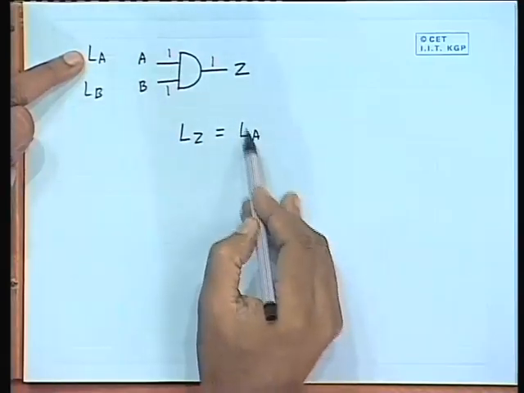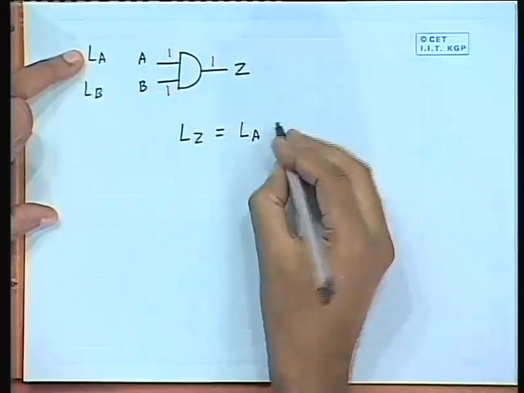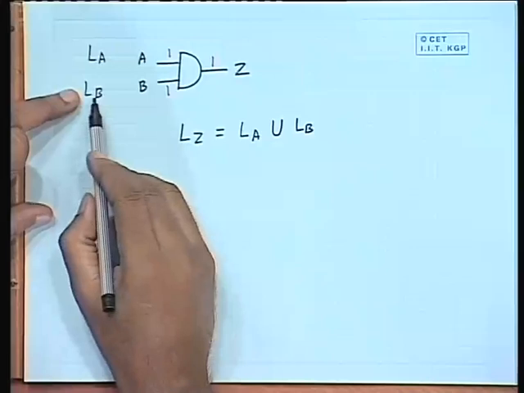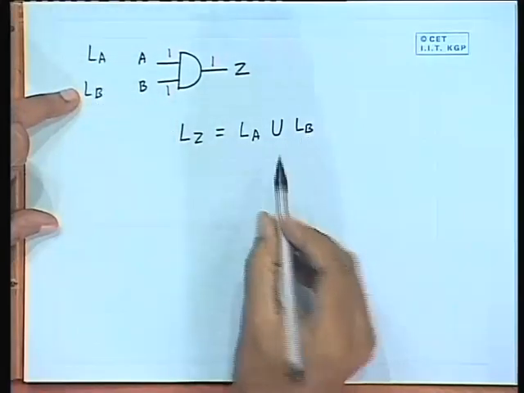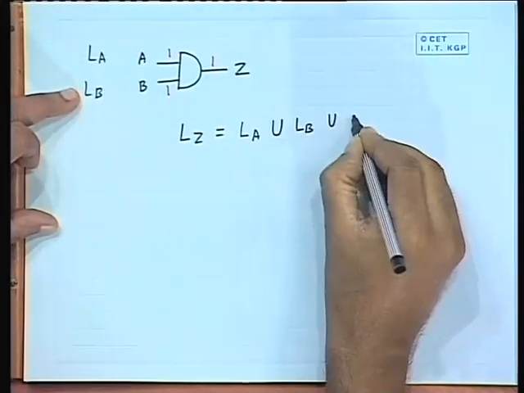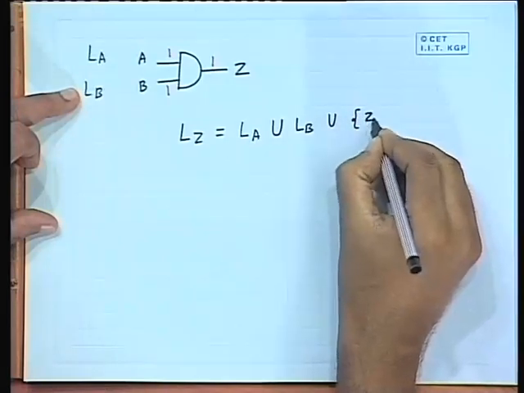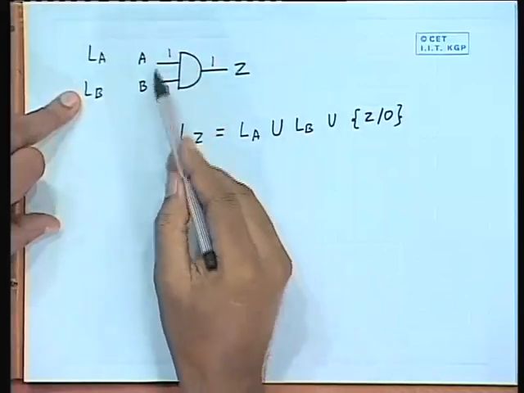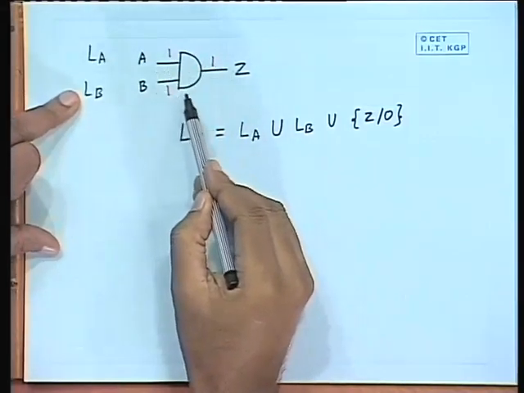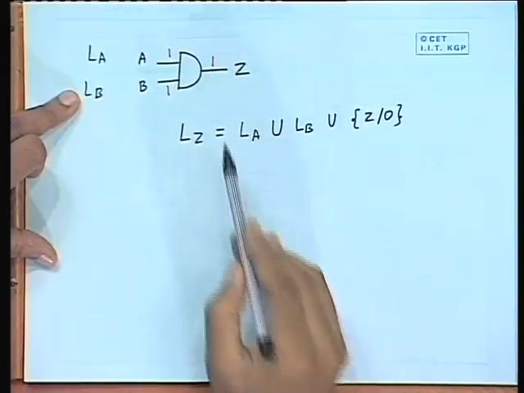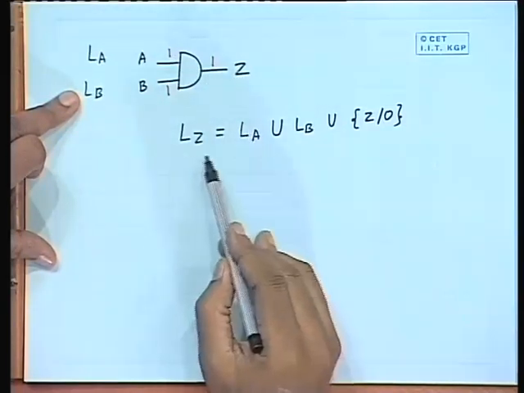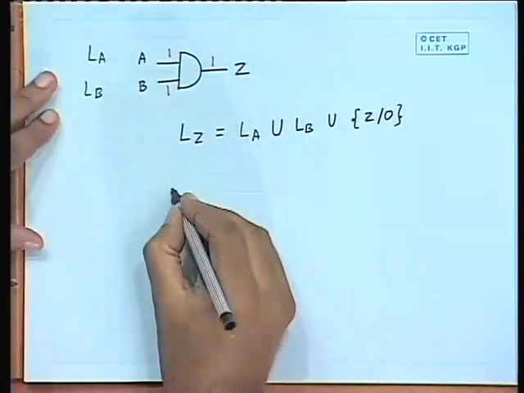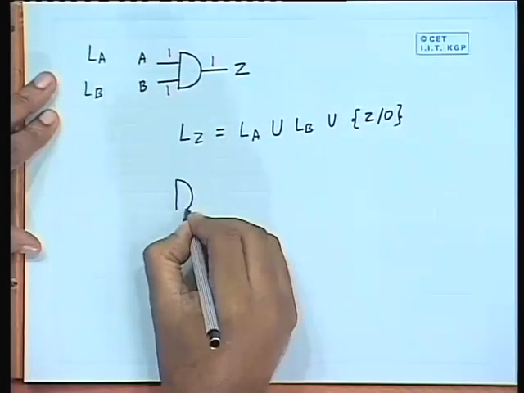So, this is one condition when Z can change to 0, or union LB, if B becomes 0 then also, union a new fault comes in, Z stuck at 0. So, if you have an AND gate with these applied inputs, then the fault list of the output can be calculated like this.